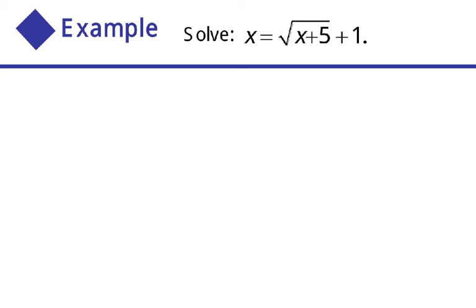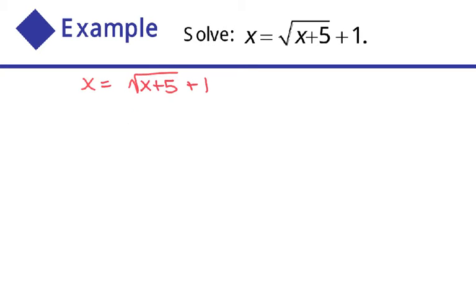So here's another, where we have x equals the square root of x plus 5, plus 1. Now I know your gut reaction is get everything with an x on one side, but in this case you don't want to. You want to isolate the radical term.